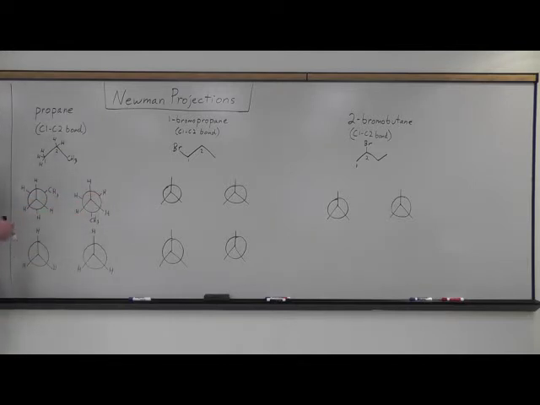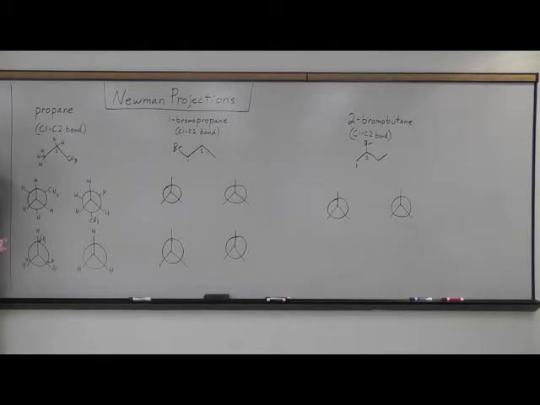Now if we draw eclipsed conformations below, again, this is where the groups on carbon number 2 will be directly behind the groups on carbon number 1. And so there's going to be 1 methyl group and then 2 hydrogens. And so by far the worst interaction will be this eclipsed methyl group with the hydrogen.